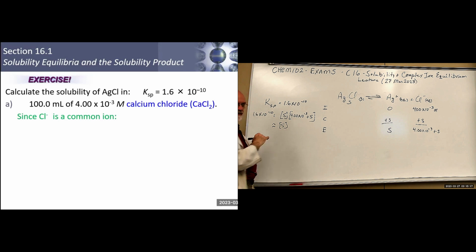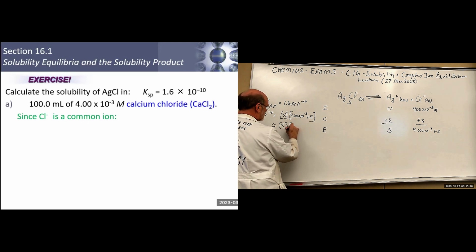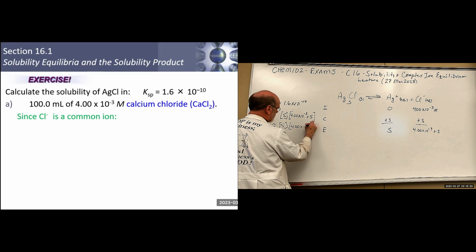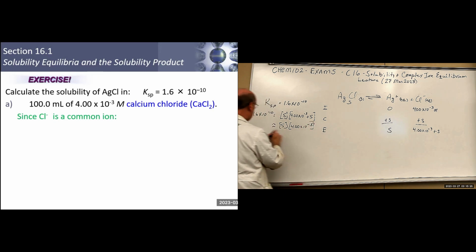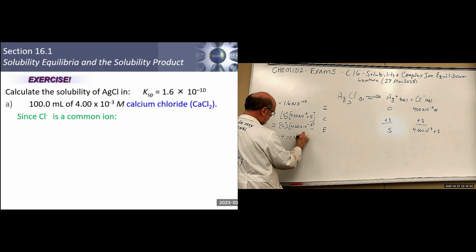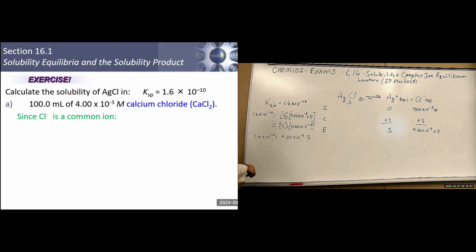Well, I was about to skip a step, but maybe I better not. Times 4 times 10 to the minus 3. So 1.6 times 10 to the minus 10 equals 4.00 times 10 to the minus 3 S. So all we have to do is divide both sides by that value. Correct? 1.6 exponent here, and then 4 exponent minus 3.